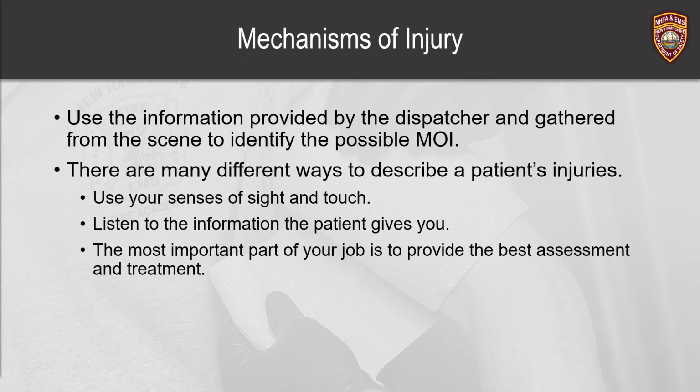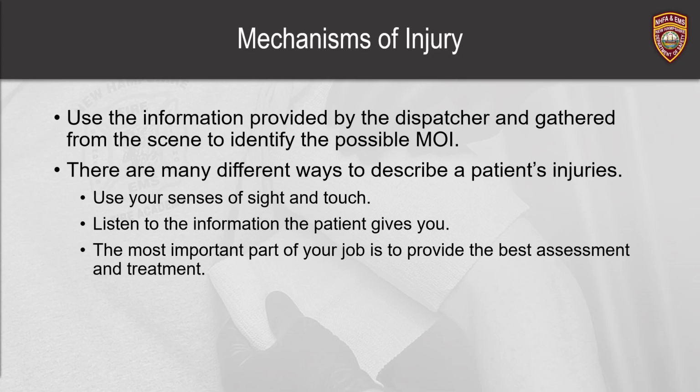All right, and so we want to use the information provided by dispatch and gathered from scene size up and our general impression in order to identify the possible mechanisms of injury. So a word about terminology. There are lots of different ways to describe a patient's injuries.